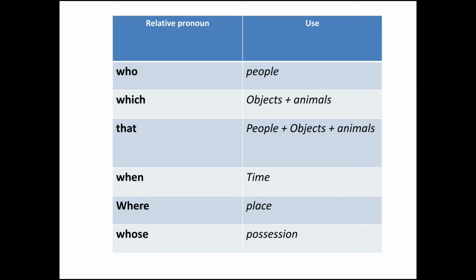As you can see that it can be used interchangeably with who and which. We have when for time, where it is used for place, whose for possession. In the other part, we will see some examples with all these relative pronouns. Let's start.